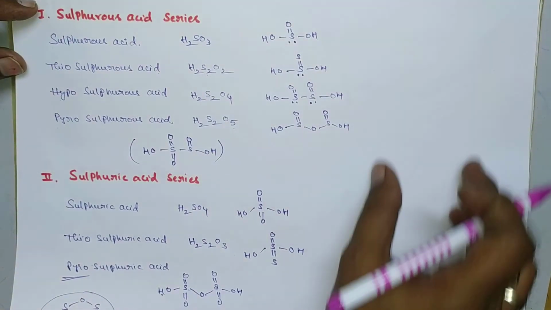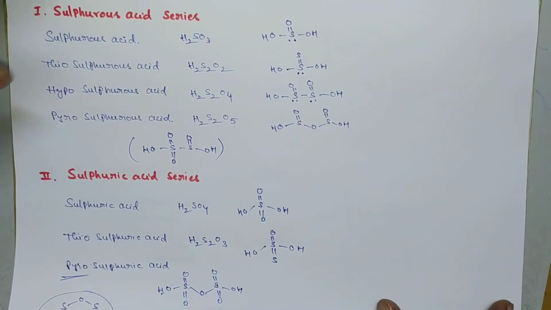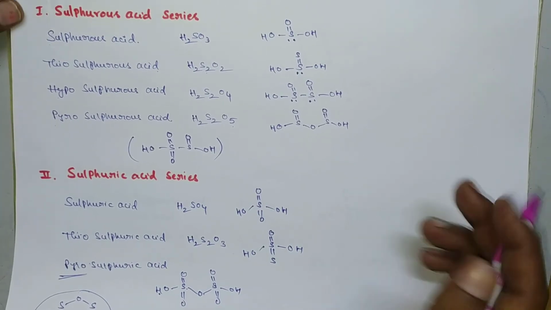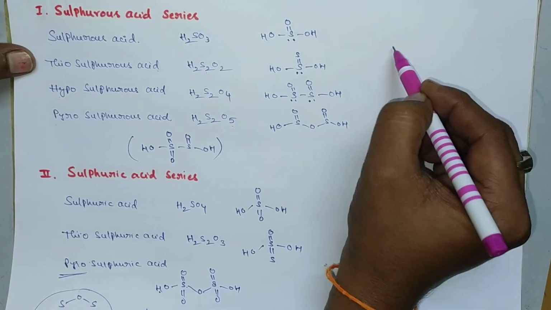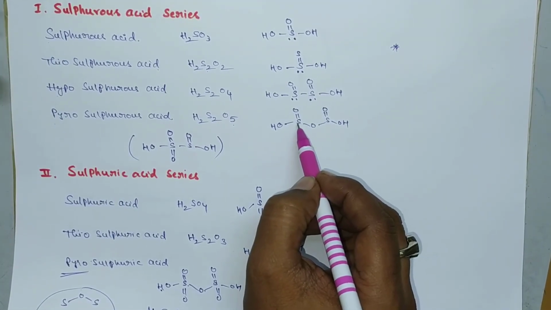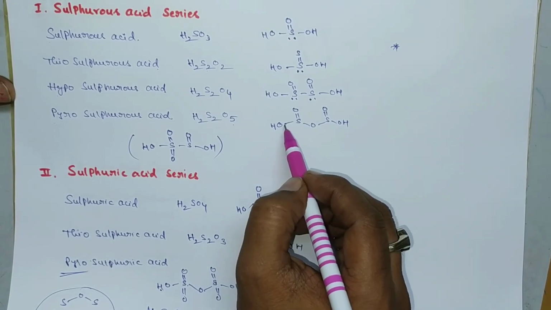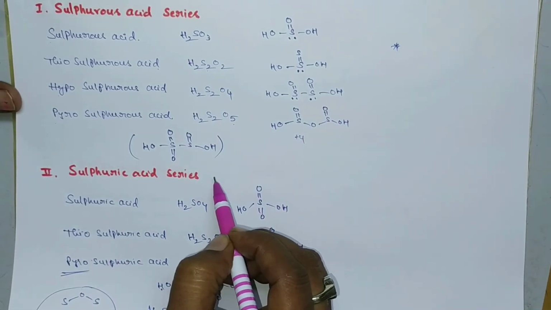And you have to calculate the oxidation states also. In the previous video I gave you that link, and I will give you the link in the description. So the trick is to calculate the oxidation state. What is the trick? We have to count the number of bonds that it can form with other elements. Suppose for this sulfur, the number of bonds it forms with other elements is 1, 2, 3, 4. So here the oxidation state will be plus 4.